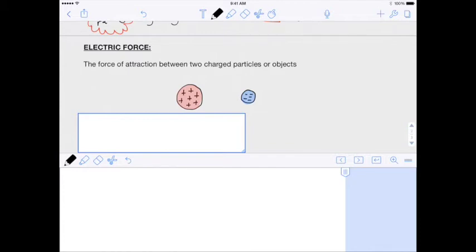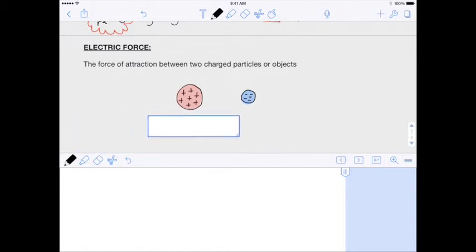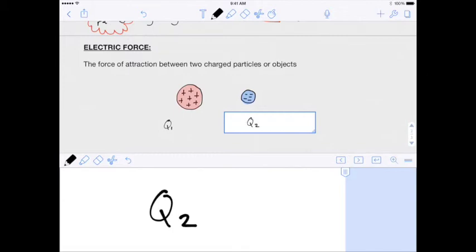I've drawn a large positively charged object. This large positively charged object has a deficiency of electrons, so has an overall positive charge. Its charge, we're going to say, is equal to Q1. And it is placed beside a smaller negatively charged object whose charge we'll say is Q2.